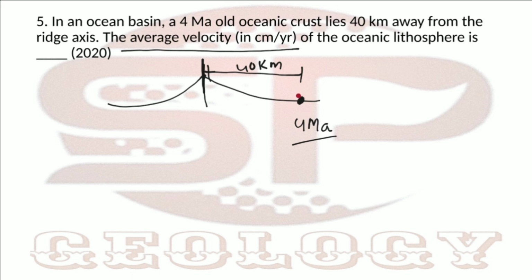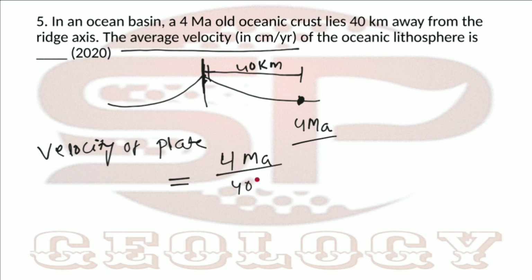This crustal part, after formation at the axis, gradually moves away from the mid-oceanic ridge axis. So you can calculate the velocity of the plate, because it takes 4 million years to cover 40 kilometer distance.